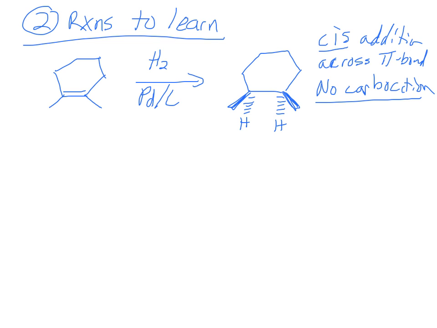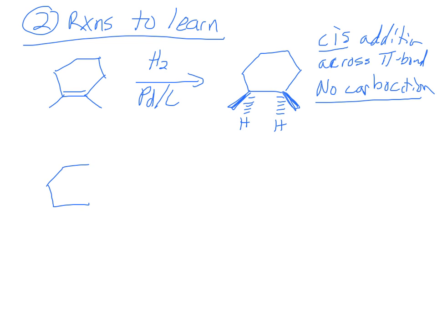So bromonium ions, because you don't form a carbocation, you always get what kind of addition? Not a cis addition, you get a trans addition with bromonium ions. Yep, Cl2 is the same thing. Chloronium ion versus bromonium ion, same deal. All right, so that one's easy enough to know. This one.